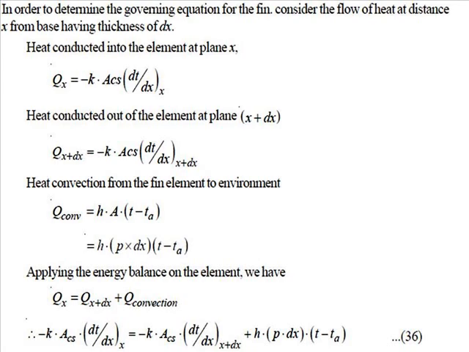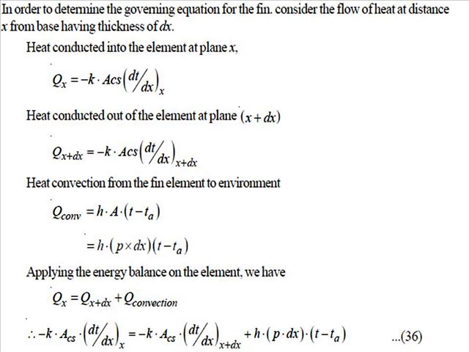So Qx equals Q of x plus dx plus Q convection, and if we write in terms of Fourier's law and Newton's law of cooling, you can say Qx equals minus kA dT/dx at x, equals Q of x plus dx, equals minus kA dT/dx at x plus dx distance, plus Q convection, that is h into area, that is perimeter into dx, into temperature difference (T minus Ta).